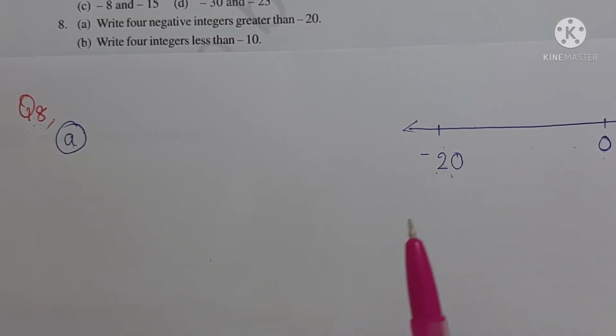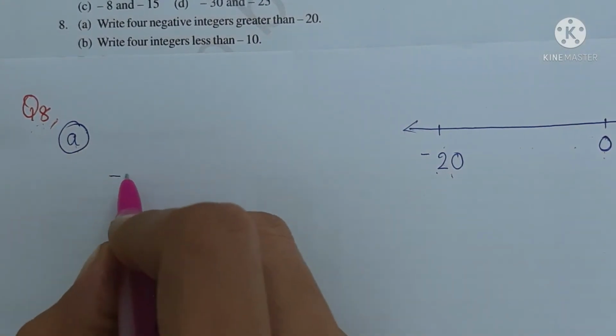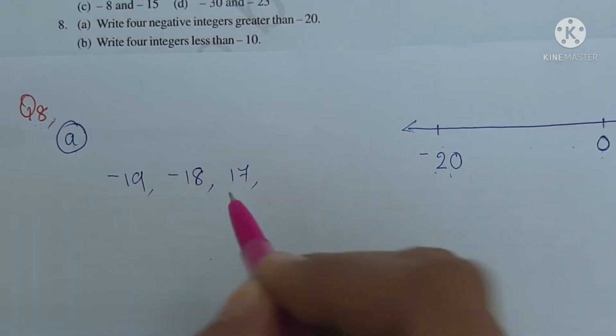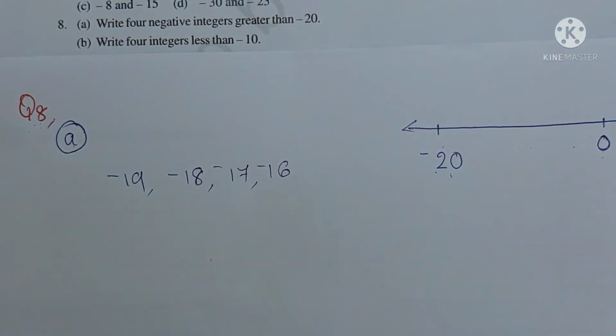Out of these numbers, any 4 numbers you can write as greater numbers of minus 20. So it will be minus 19, minus 18, minus 17, minus 16. Okay, this is one set.